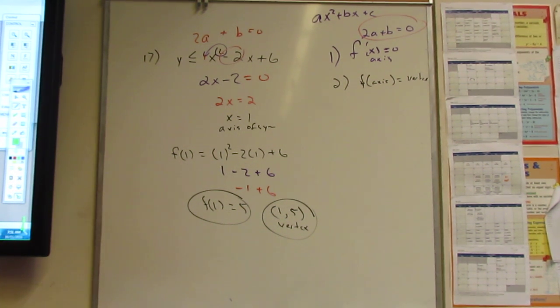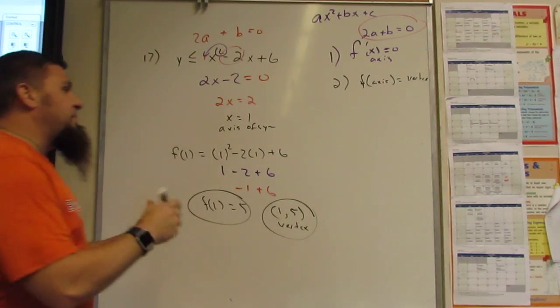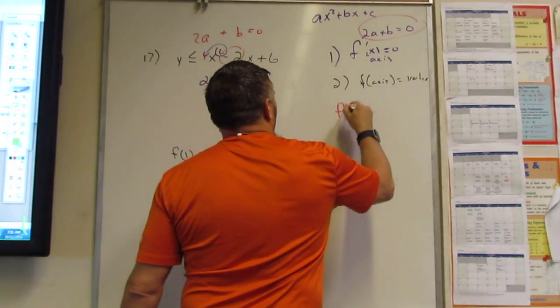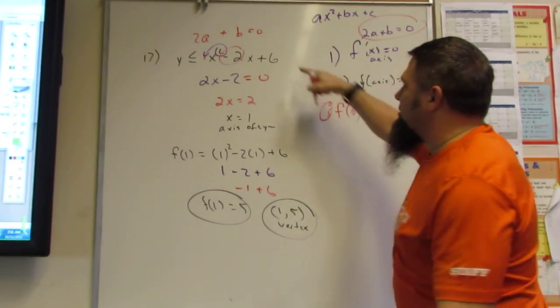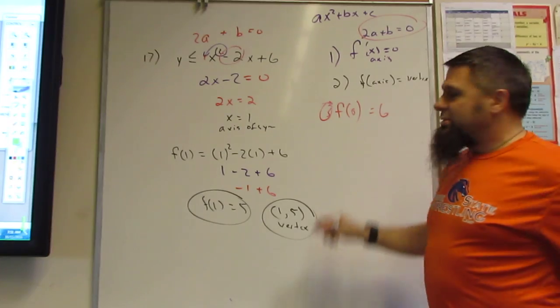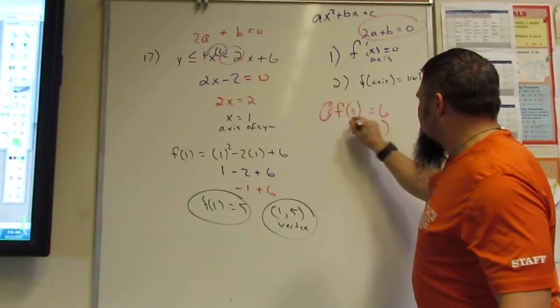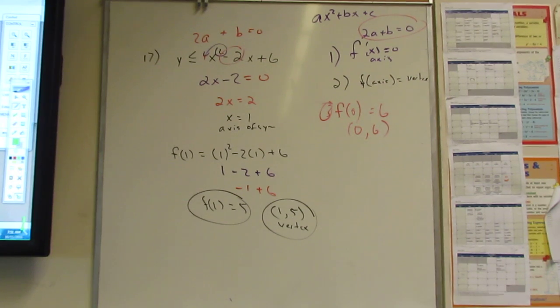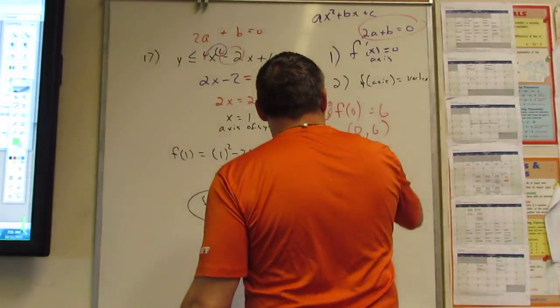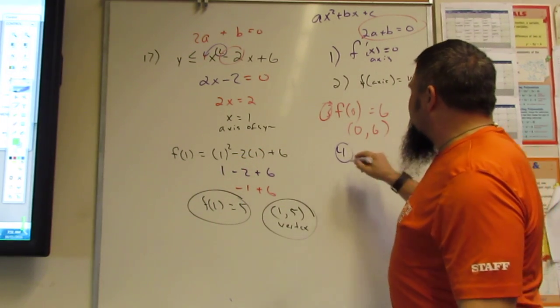At this point in the game, we should be able to go to step 3 and tell ourselves, okay, f of 0 is equal to 6. So this is 0 and 6. And then the fourth step, oh, this one's hard. 2 times the axis.